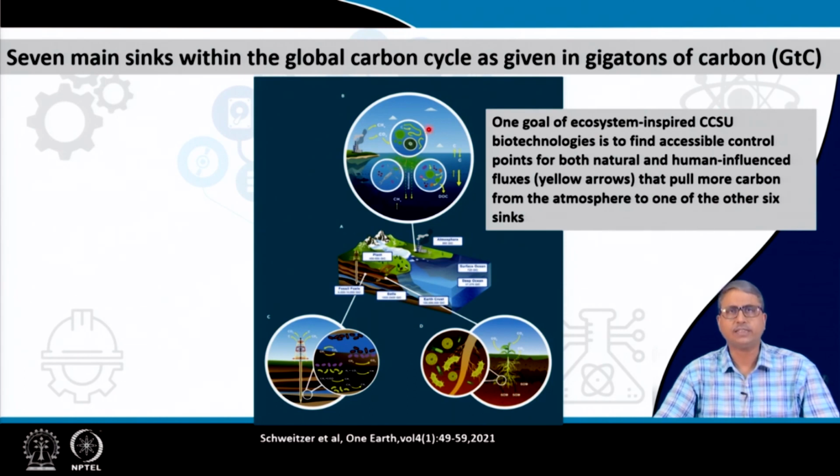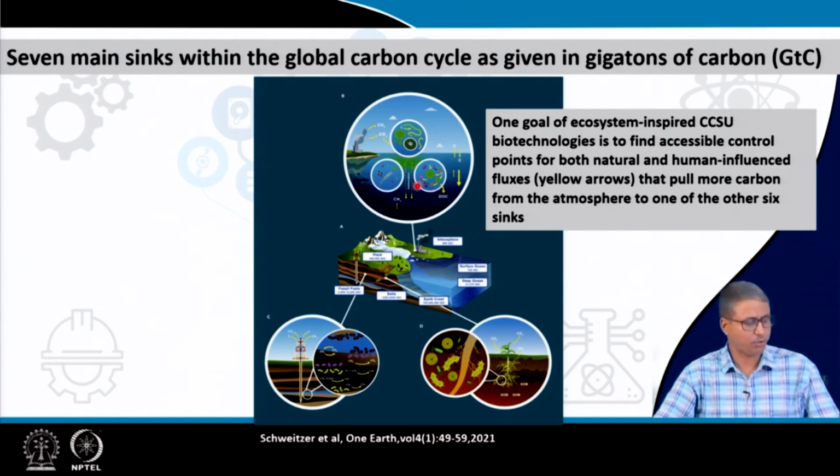The yellow arrows indicate the carbon movement, and how anthropogenic activities and natural activities are responsible for controlling the carbon fluxes within the 7 sinks. That will be important to identify the points that pull more carbon from the atmosphere to one of the other 6 sinks. So, one is the atmosphere, but the other 6 sinks are where the carbon can be sequestered and possibly converted to useful products also.